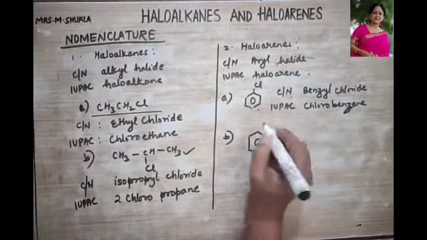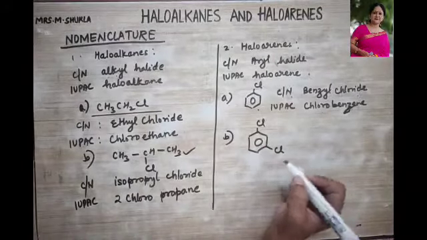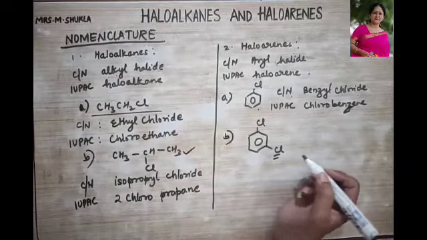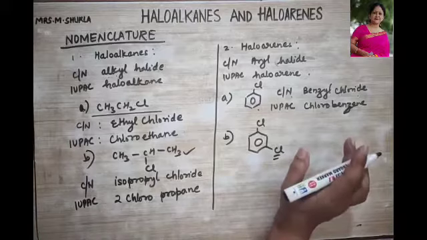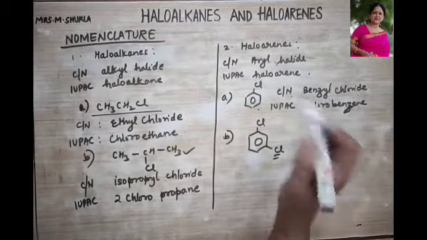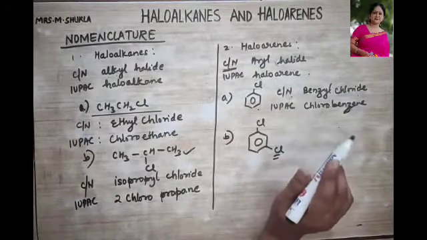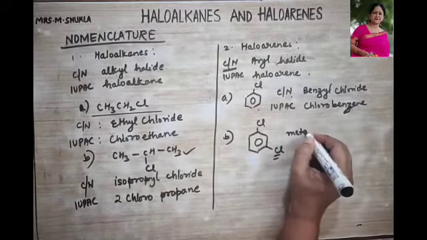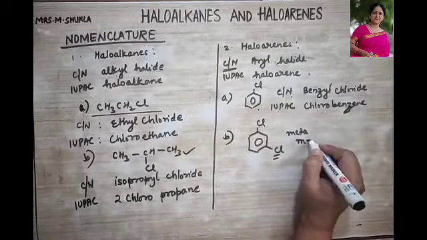This one, suppose I take chlorine here and if I put it at some other place. Now you already know what place is this. This is a meta place. Okay, now remember one thing, ortho, meta, para, all these names should be given in the common name. Okay, not in the IUPAC, right? So common name to this will be meta, or for meta you can also write as m.